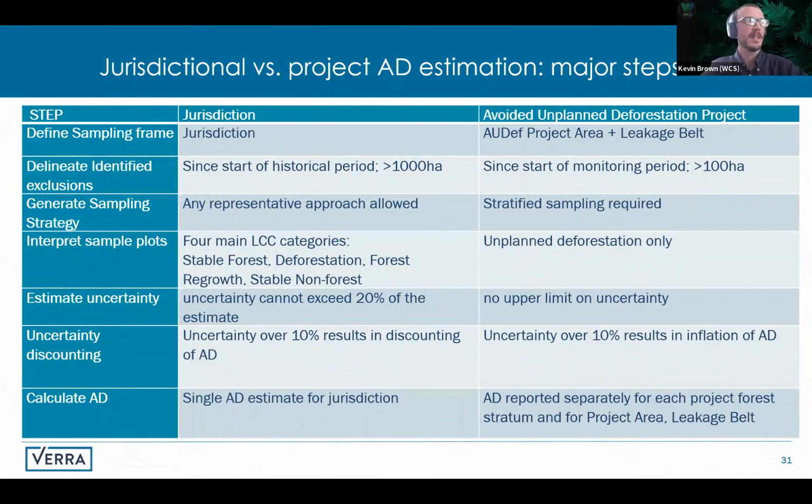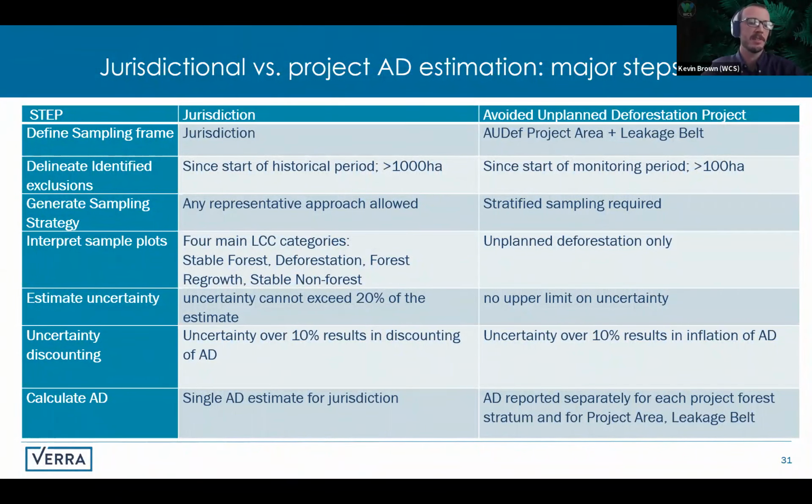The identified exclusions are, I think there's a list of some of them on the next slide, but in the case of the jurisdiction, these are essentially areas of certain types of land cover transitions, where in the case of deforestation, these would be large deforestation events that are caused by drivers unrelated to the drivers of unplanned deforestation in the project, and for which you would not want the signal of that event getting factored into the total estimation of activity data for that jurisdiction.